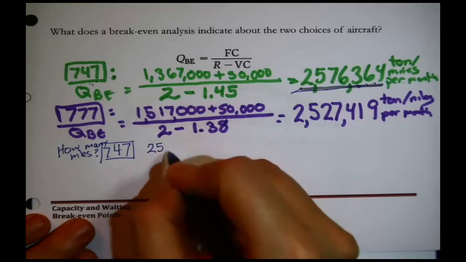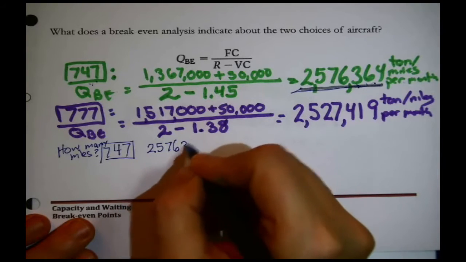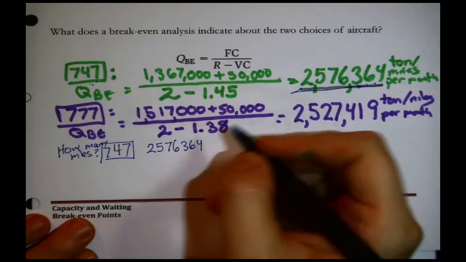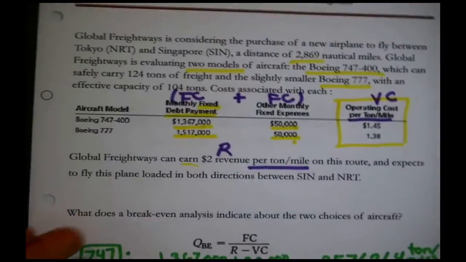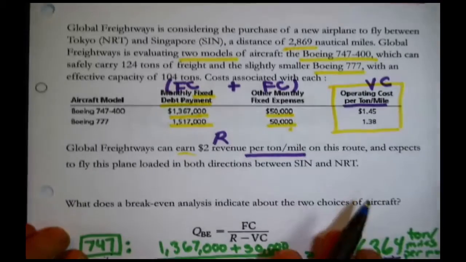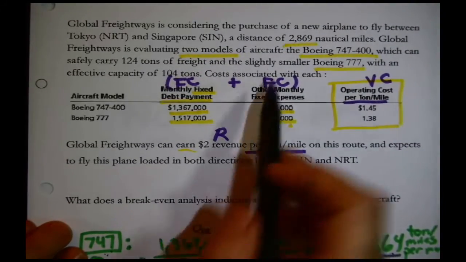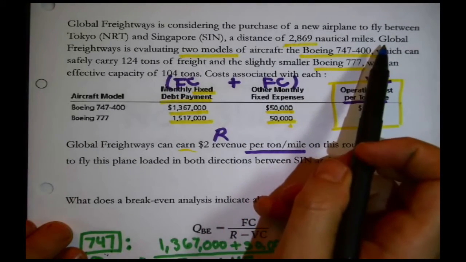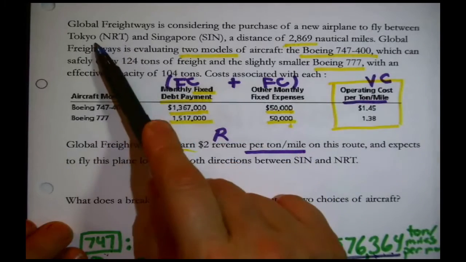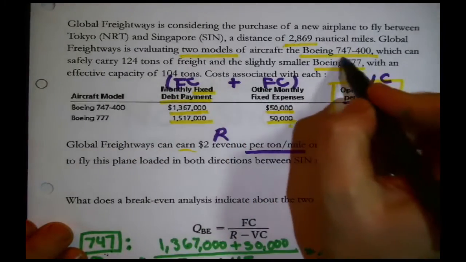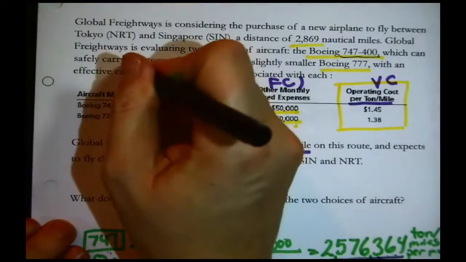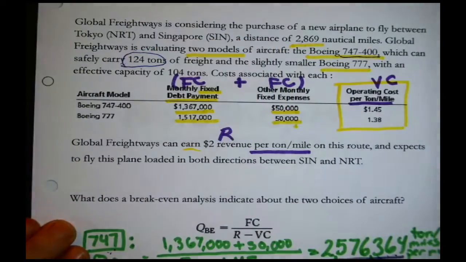The 2,576,364, the original break-even point. Take that number, and wait a minute, we're talking about the 747. Global Freightways, what did they say? They intend to fly it fully loaded between Tokyo Narita and Singapore Changi Airport. The Boeing 747-400 carries 124 tons of freight.